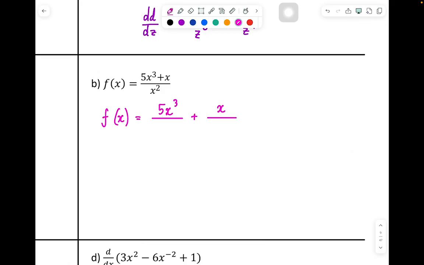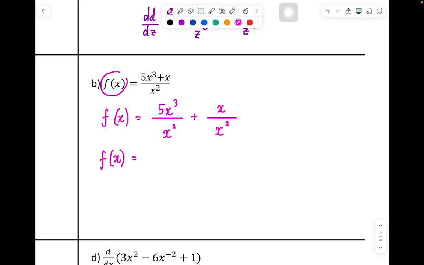Now you can see here in this particular example, we do have an x squared in the denominator. What I'm doing is splitting up these two terms in the numerator, and they will both be divided by x squared. I'm going to simplify this. So notice we have not differentiated yet.